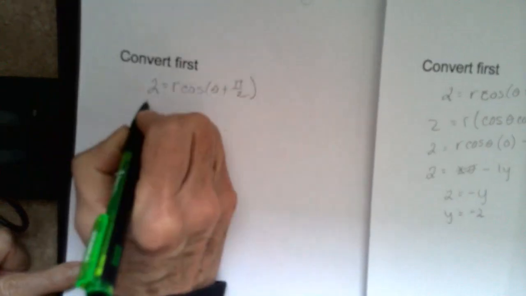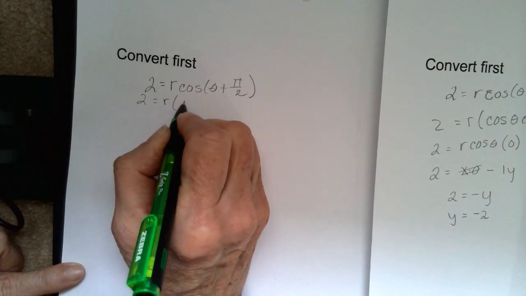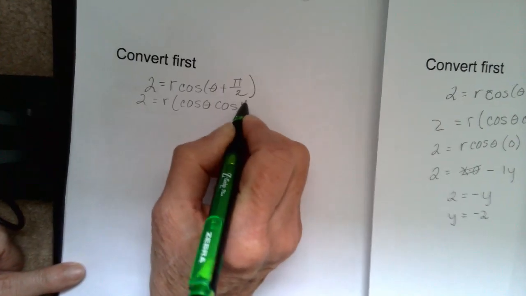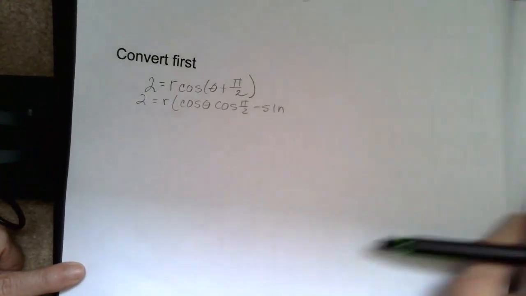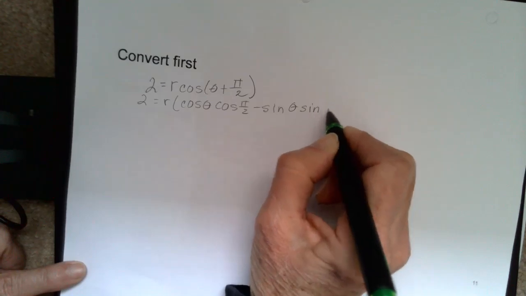And I could do out the right hand side, so I have r times the cosine of theta times the cosine at pi over 2 minus sine of theta sine of pi over 2.